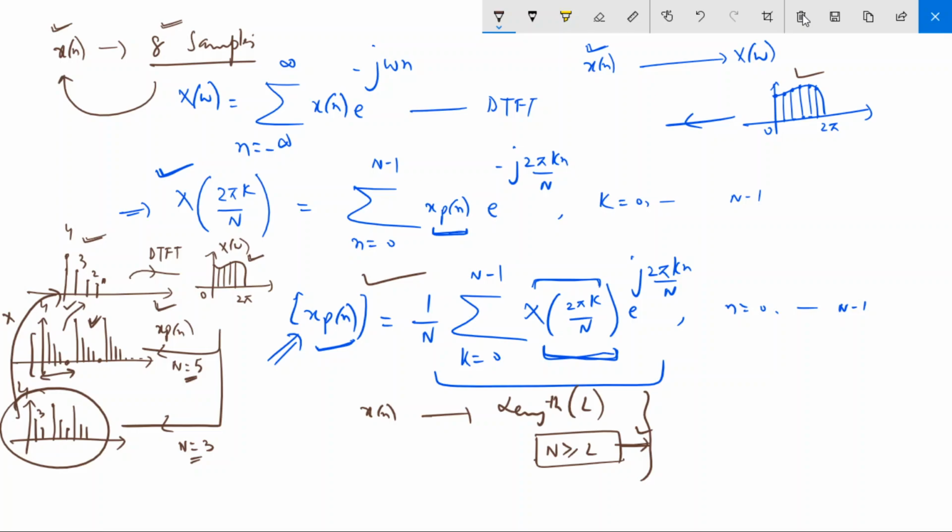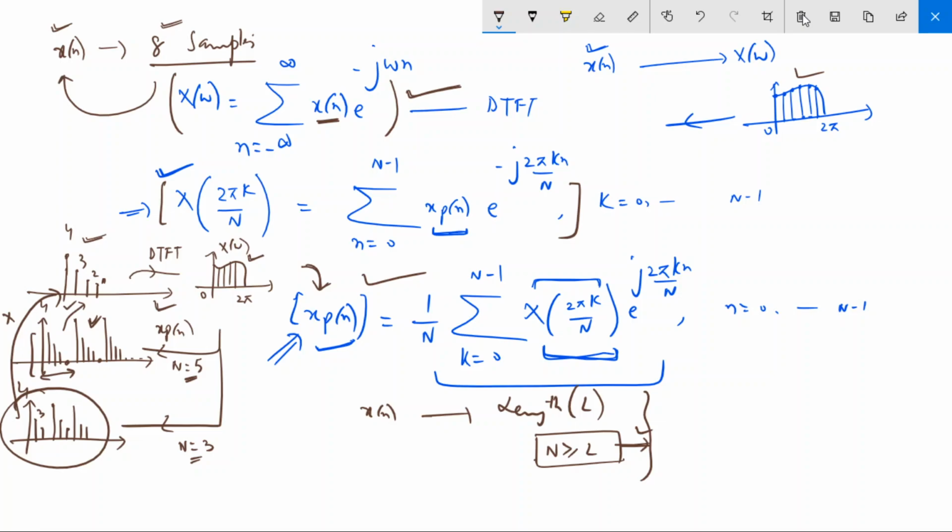I conclude that for your sequence x[n], if you take its Fourier transform, which is given by this equation and is a continuous spectrum, and you take N samples in the frequency domain using this equation, then from these samples what you can reconstruct is a periodic sequence xp[n], obtained by repeating x[n] after every N samples.